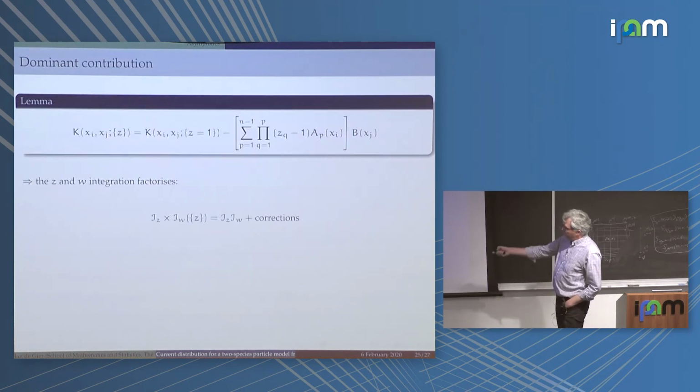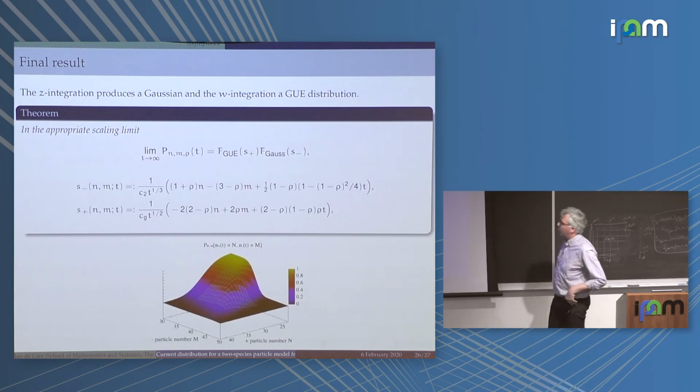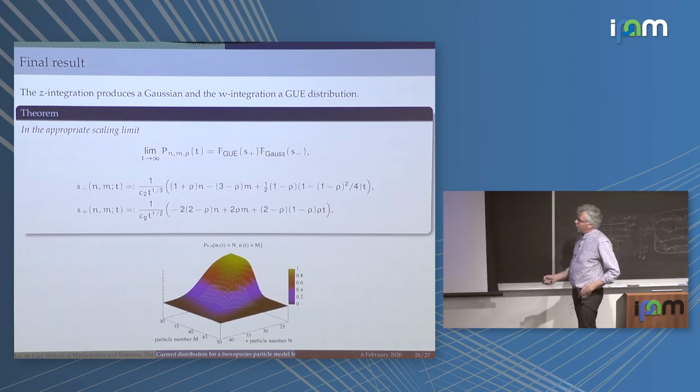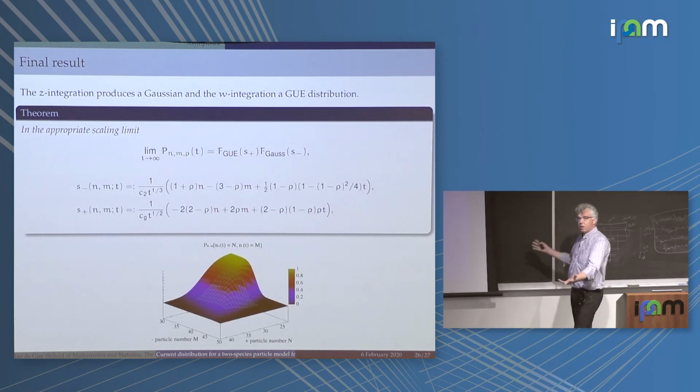Okay, so once you have the factorization, once you can approximate this kernel by that kernel, then the two integrals factorize, and you can do the usual thing. And so this is my last slide. You end up with this crossing probability that we expressed as this big contour integral using integrability, which ultimately in the long time limit factorizes into a GOE and a Gauss distribution with parameters that are defined by scaling limits.